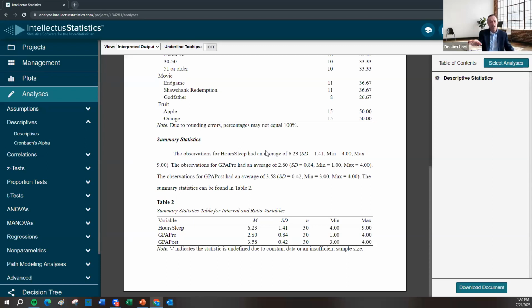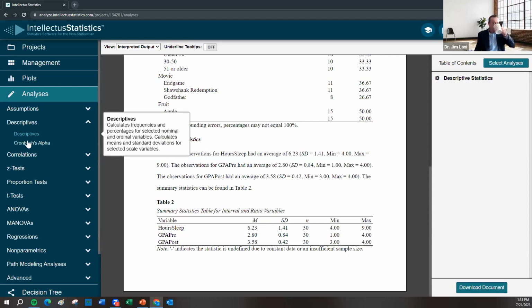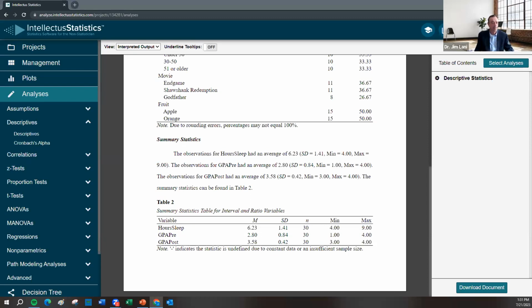I'll download this after I finish all the other tests. I'll download it and show you how to edit it, but I'll just ask the question at the moment if there are questions about running descriptive statistics. And if there's not, that's absolutely fine, and I will sally forth. Okay, so terrific. People get that.